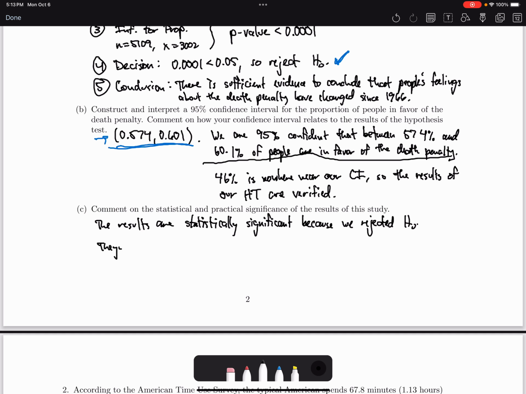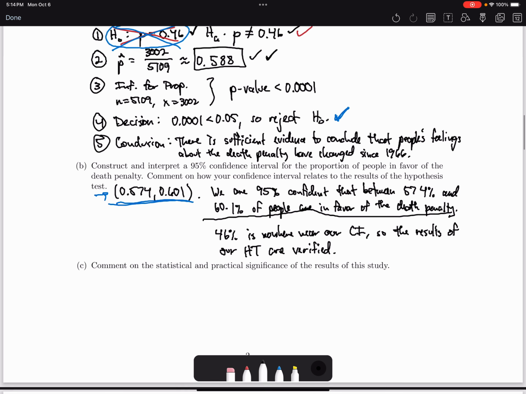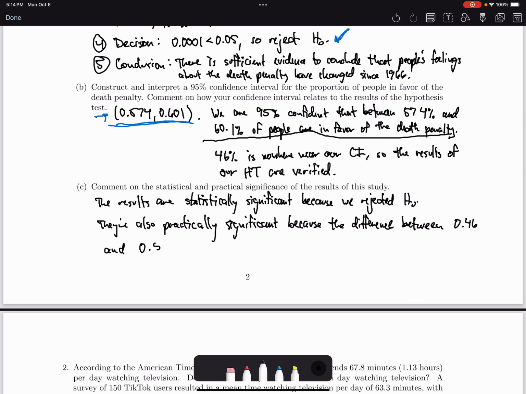They're also practically significant because the difference between 0.46, which was the null value, and 0.588, which was the sample proportion, is large. Okay, that's a large difference.